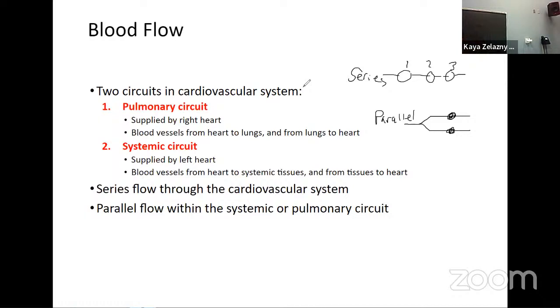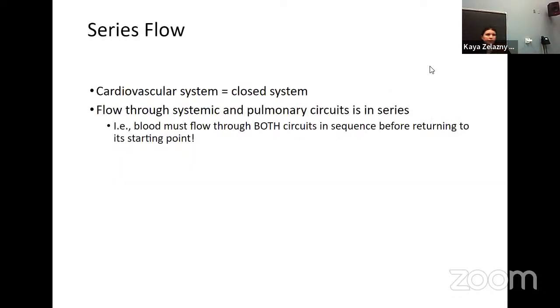So like blood that's going to whatever, your left knee doesn't have to then go to your liver. It's just going to go like to your left knee and then back to the heart. Okay. So the blood flow to your left knee versus to your liver would be in parallel to each other, right? Because they're not flowing through one then the other. They're just going out at the same time and then separately returning back. So when we talk about that, that's what we're talking about.